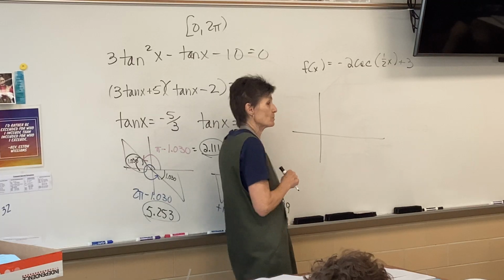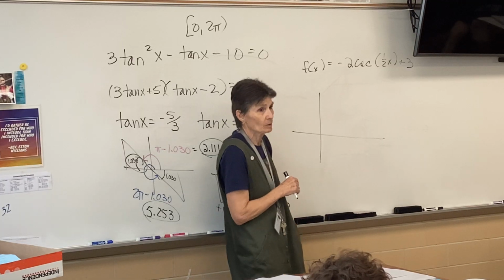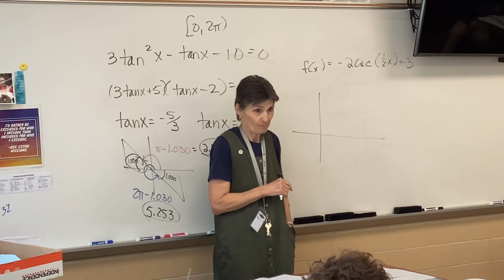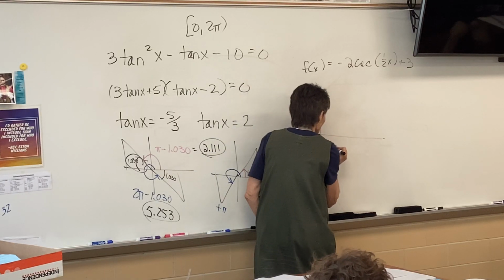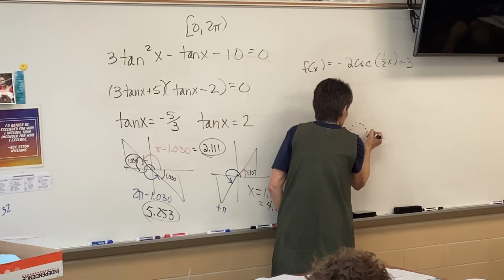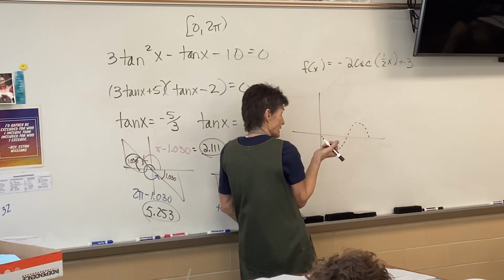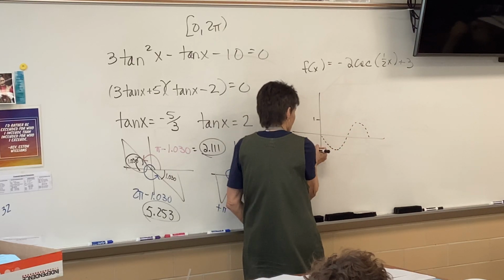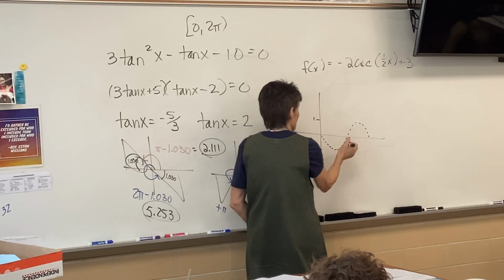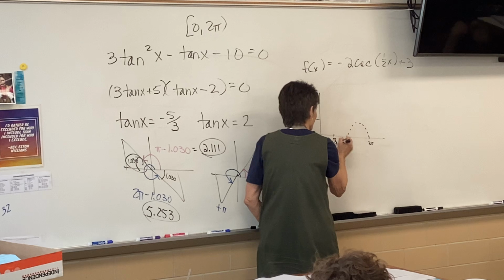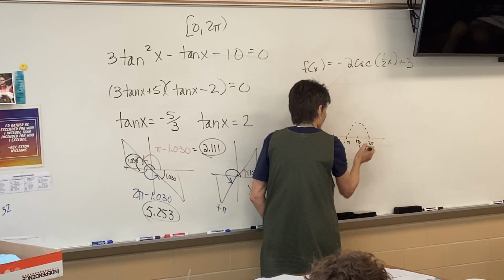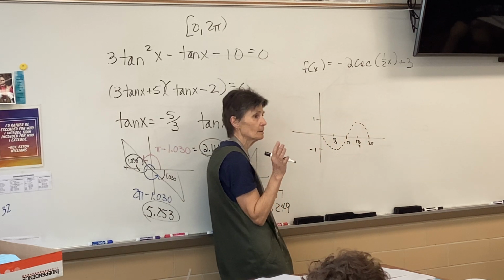Well, remember, the cosecant is the reciprocal of the sine. This one happens to be upside down. So my normal sine curve, upside down, would look like this. Everybody okay with that? Normal sine.